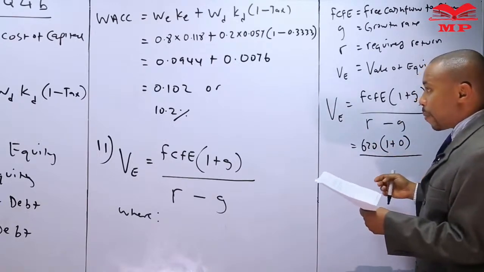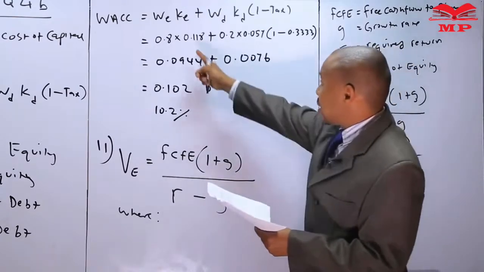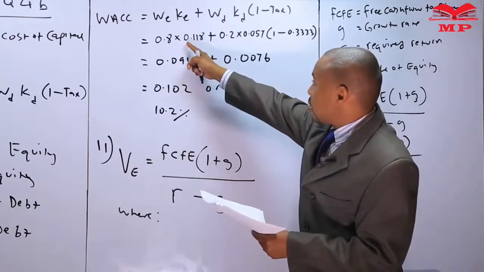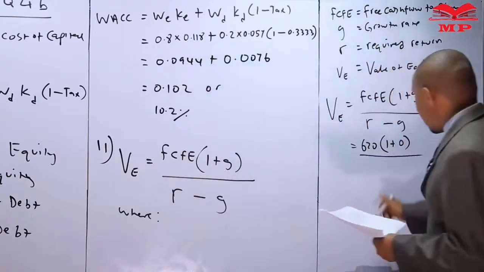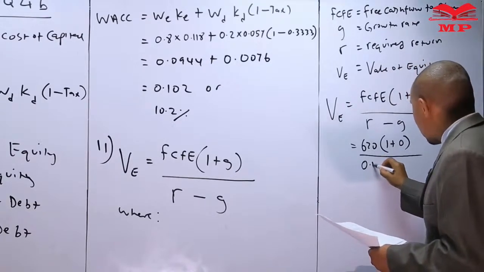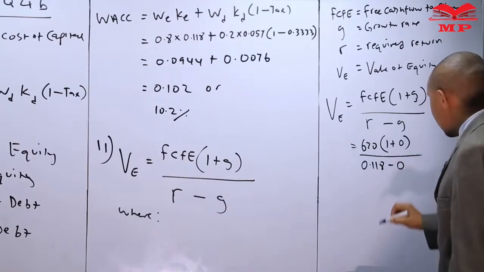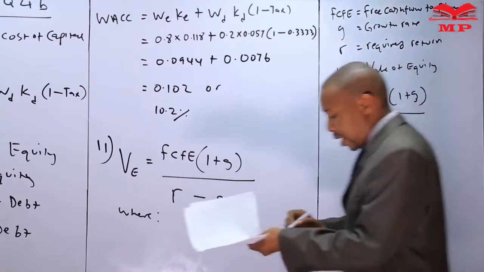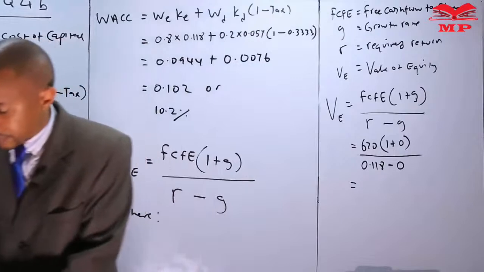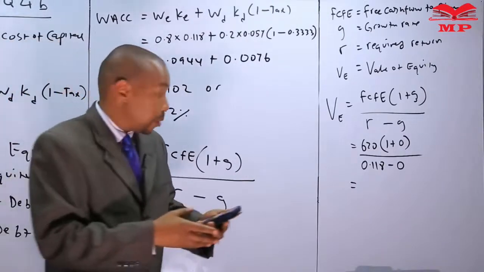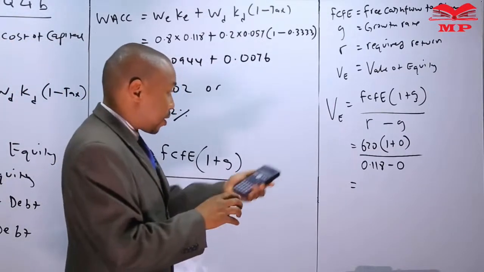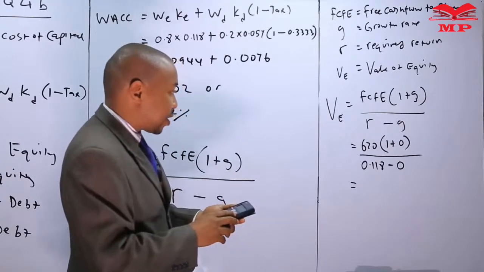If you remember, the required return is the same as the cost of equity. So we put in 0.118 minus the growth rate of FCFE, which in this case is 0. So how much do we get as the value of equity? Working it out very quickly, the numerator is just 620 million.